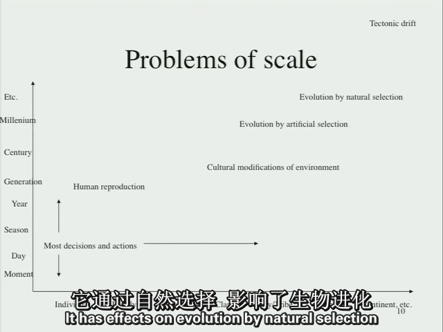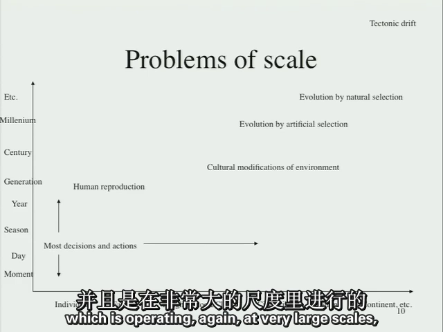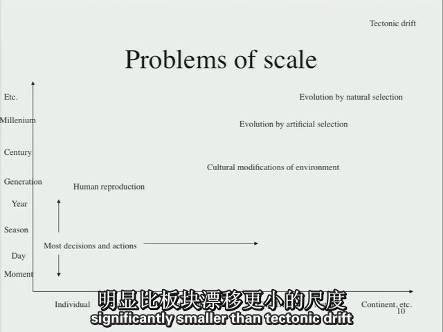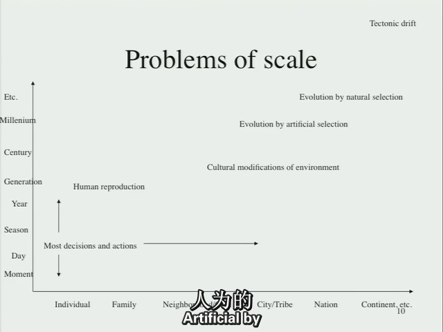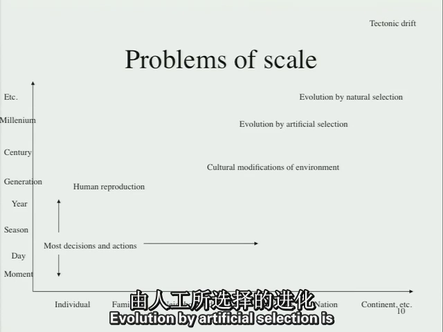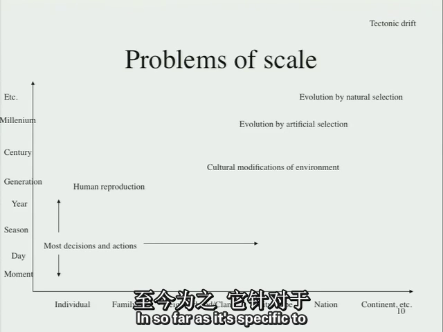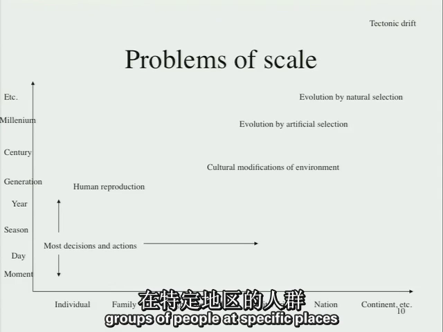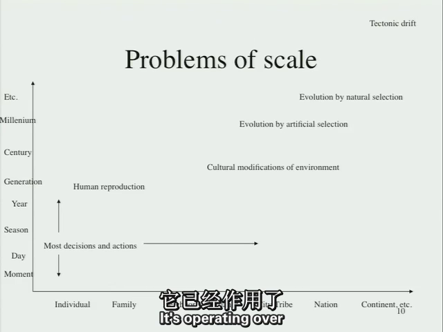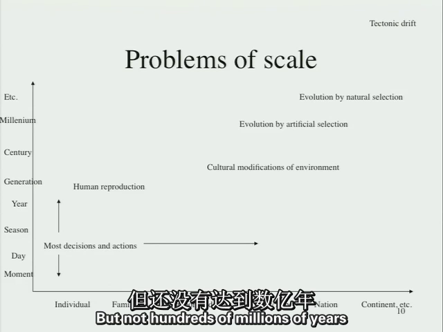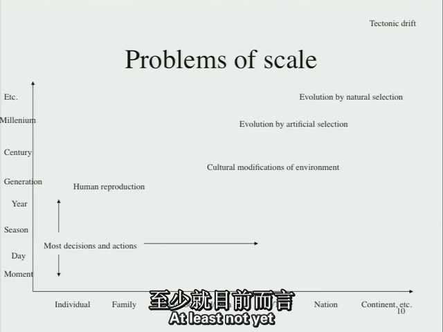It has effects on evolution by natural selection, which is operating, again, at very large scales, but significantly smaller than tectonic drift. Evolution by artificial selection is still more limited insofar as it's specific to groups of people at specific places. It's operating over thousands of years, but not hundreds of millions of years, at least not yet.